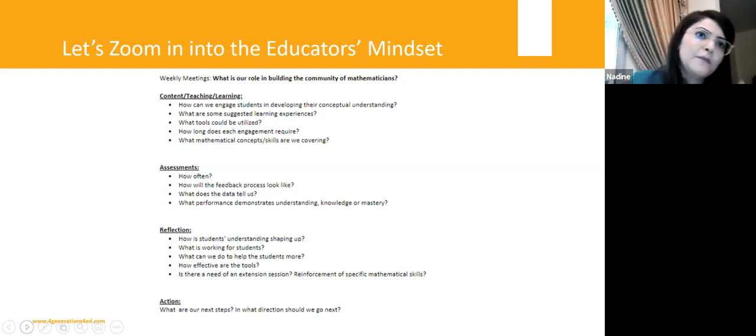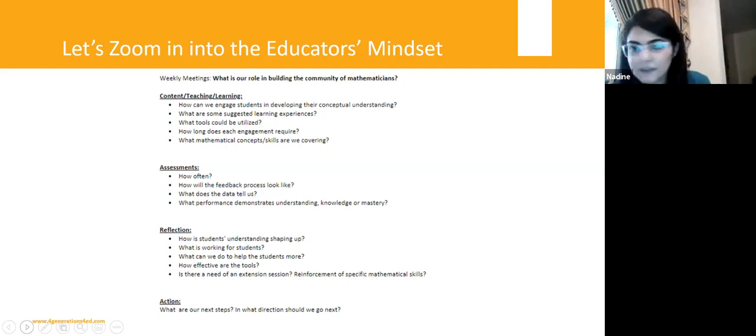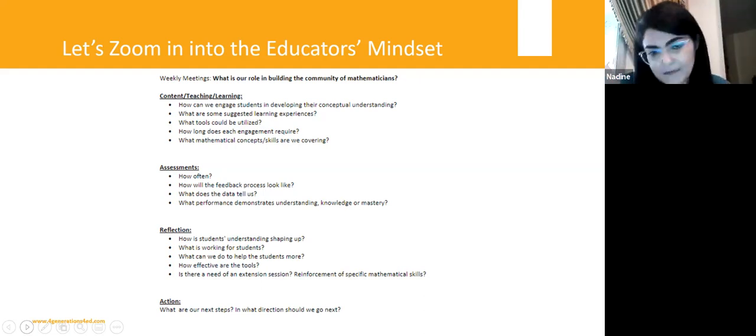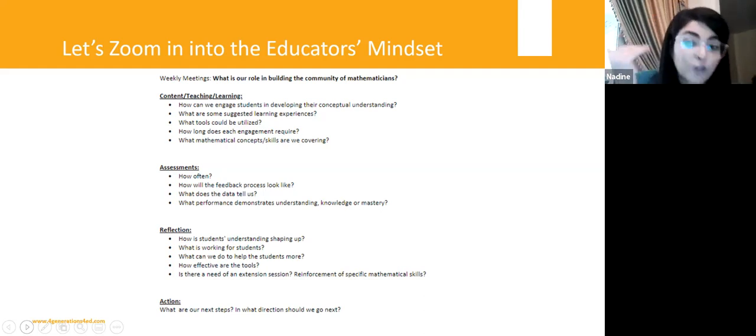Is it going to be just peer assessment, self-assessment, teacher assessment? And what does the data tell us? After we did all of these assessments, what does it tell us in terms of mastery, knowledge, and understanding?